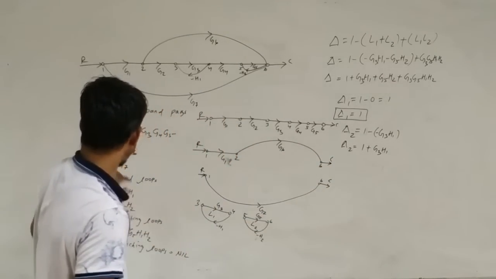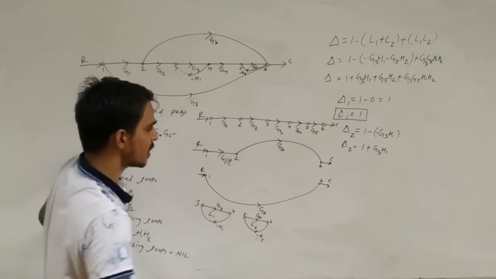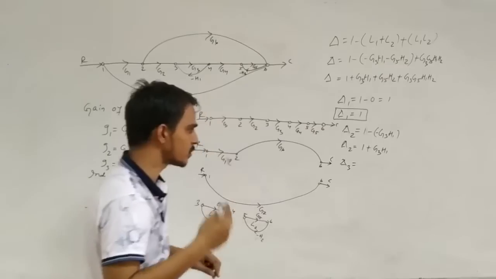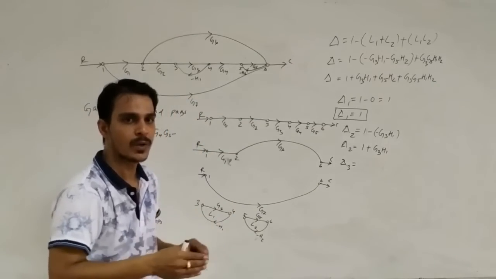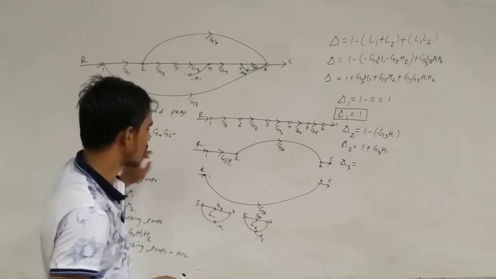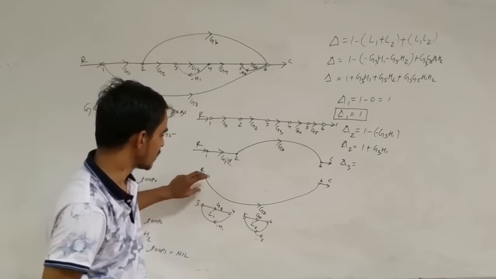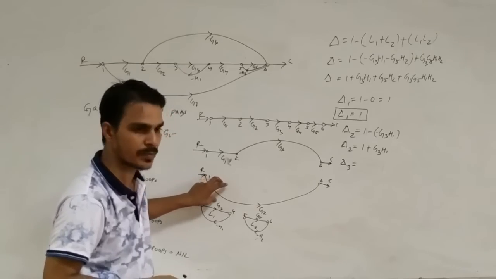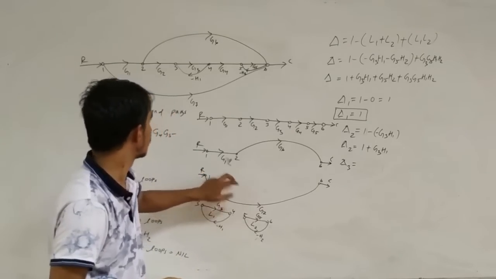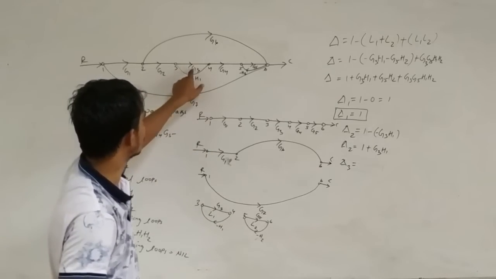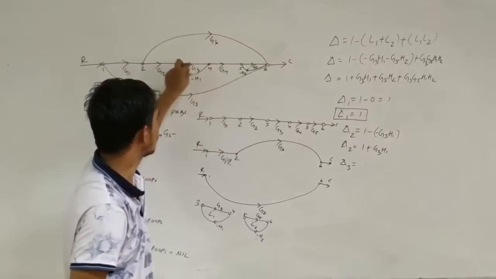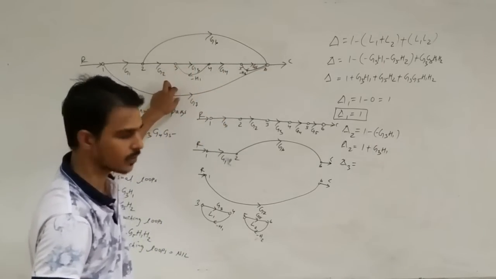Similarly, for the third forward path, we have to consider delta 3. Delta 3 is what? 1 minus the loop gain which is not touching the forward path G3. While considering the G3 path, is there any loop which is not touching this forward path? See, this loop is not touching, and this loop has a common node, so it will not be considered.